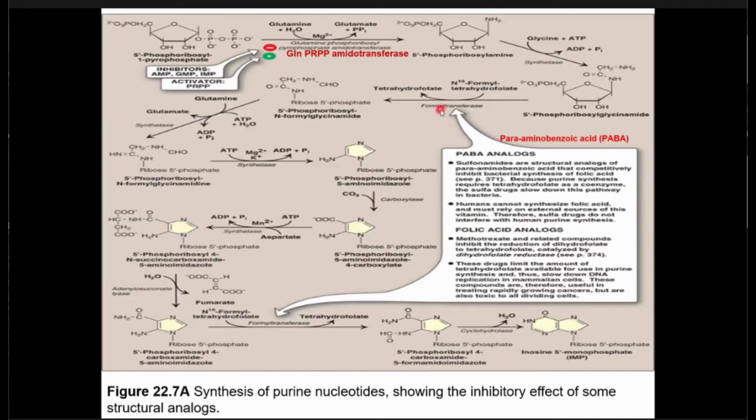It inhibits the tetrahydrofolate, and therefore the bacteria cannot grow and die. There is another medication called methotrexate. It has the same action, but on a different enzyme, which limits the amount of tetrahydrofolate available, the same as the sulfonamide, and then it will inhibit the mammalian, meaning the human cells, and therefore is used in chemotherapy.